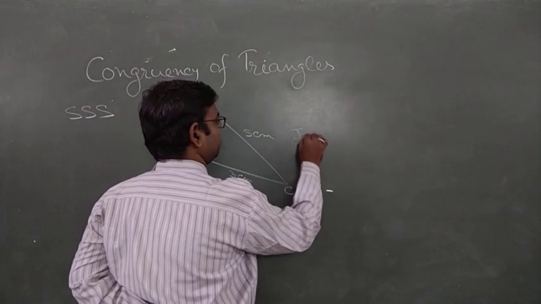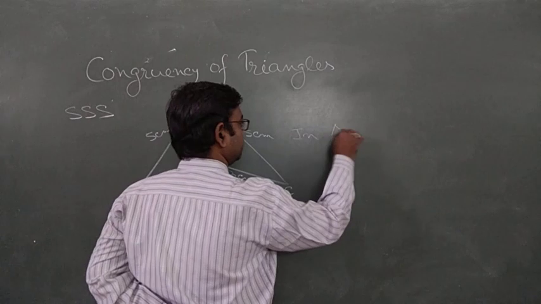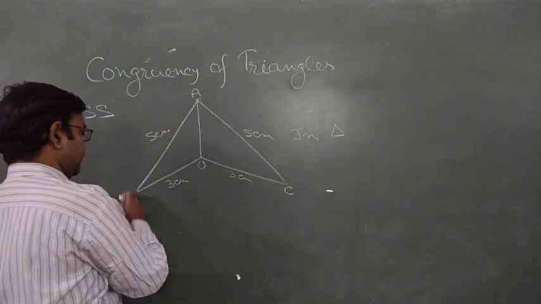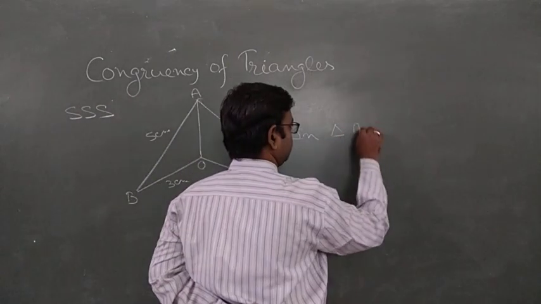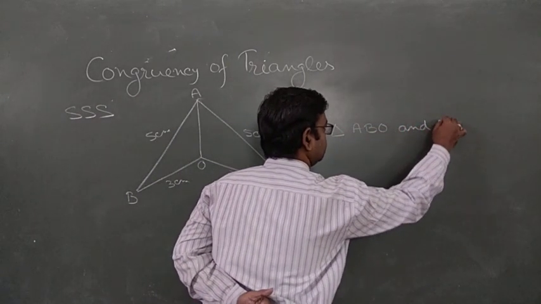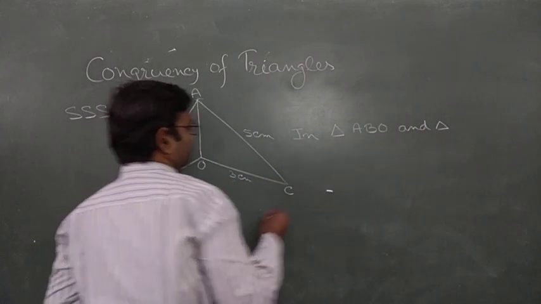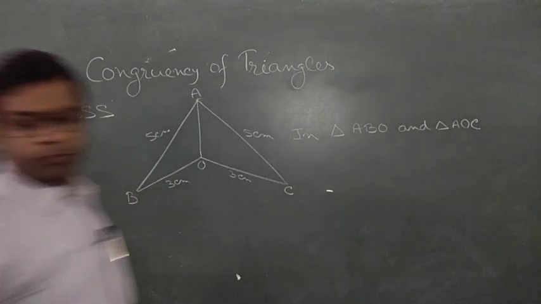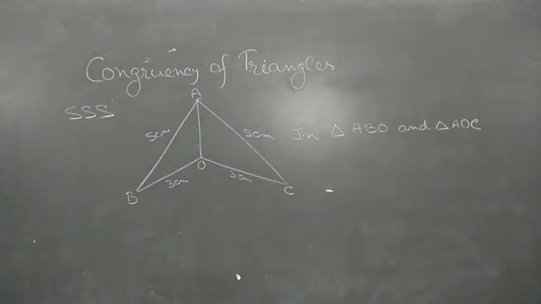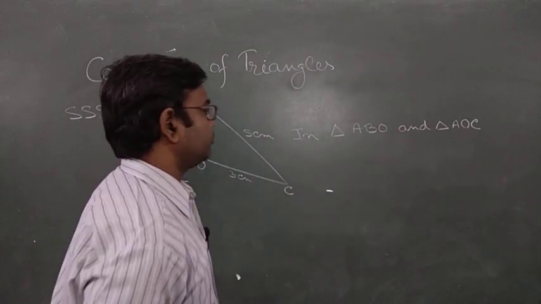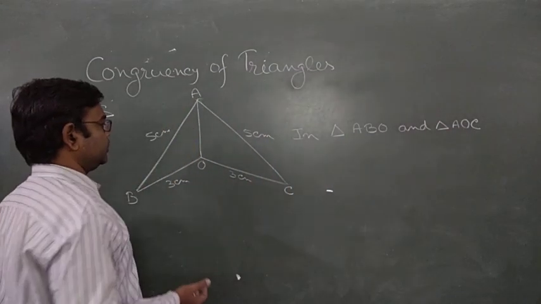We first pick the triangles: in triangle ABO and triangle AOC. I hope you are able to see the figure. Yes. In triangle ABO and triangle AOC, we have to compare both the sides.